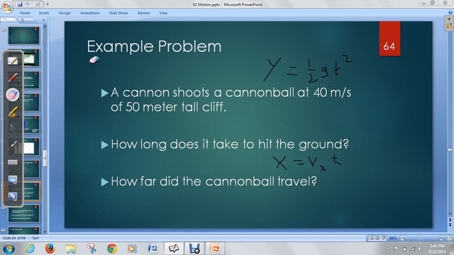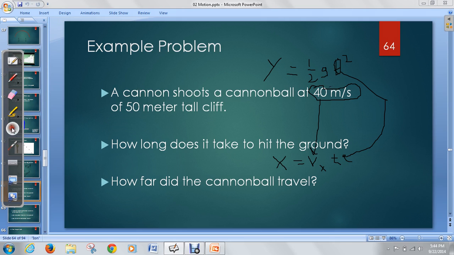And again, sorry that I don't have a better writing utensil. So we'll plug that in for vx. This time we'll get from solving the first equation, and we'll plug that into there. Okay, and we can figure out exactly how long it takes to fall and how far the cannonball went.